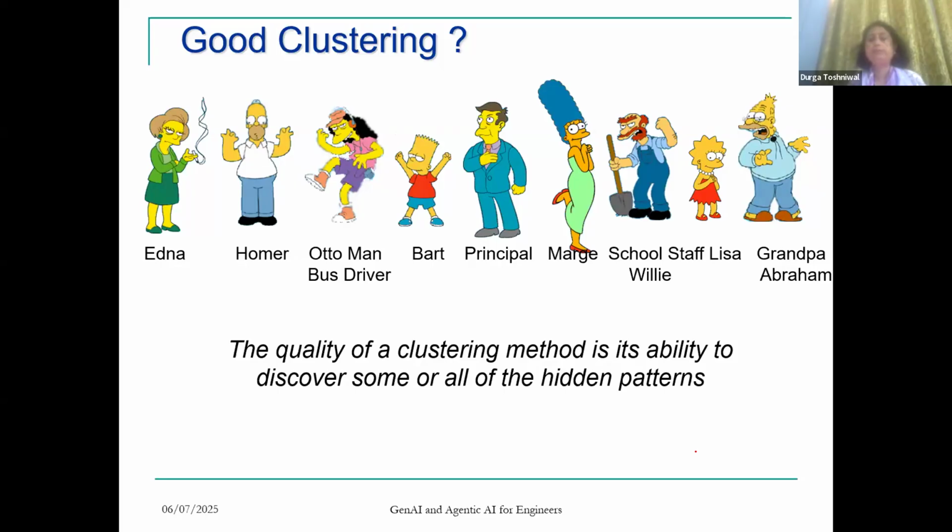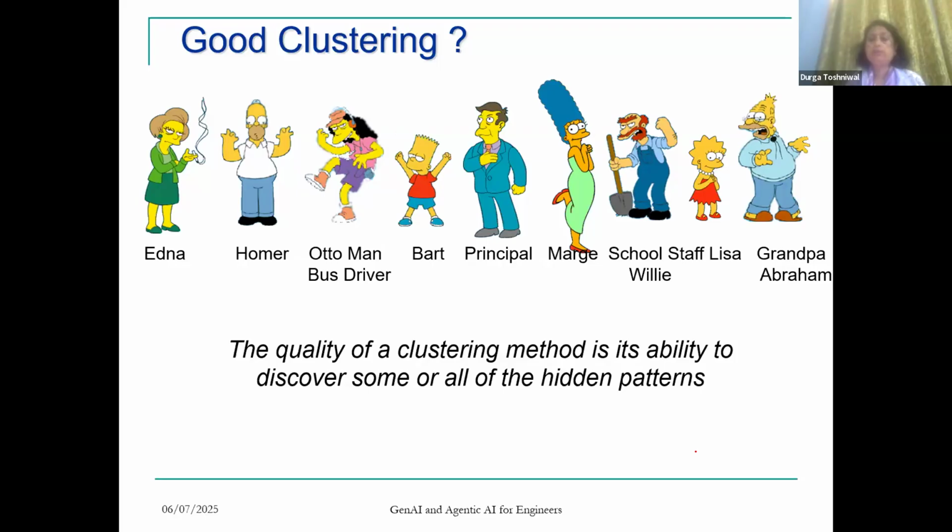The purpose of a good clustering method is not to forcefully form clusters. Rather, it should be able to identify the hidden patterns that are available in the data. We are not forming clusters just for the sake of forming them. Rather, we want to identify the groups that are naturally present in the data. This is the first and foremost requirement of any clustering method.